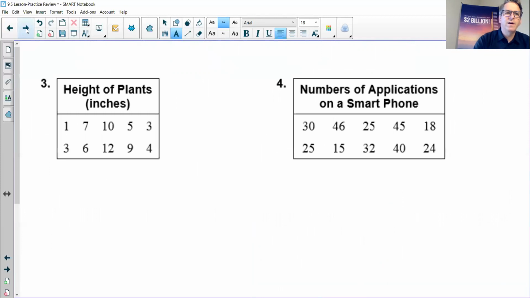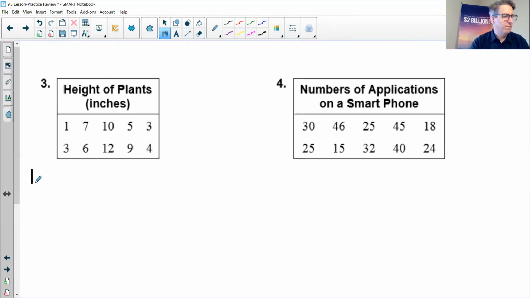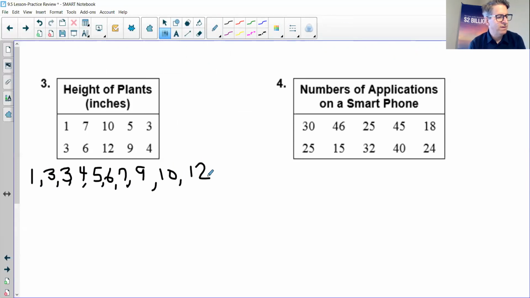Got 3 more. Height of plants. Okay. Height of plants. Here we go. 1 inch, 3 inch, 3 inch, 4 inch, 5, 6, 7, 9, 10, 12.